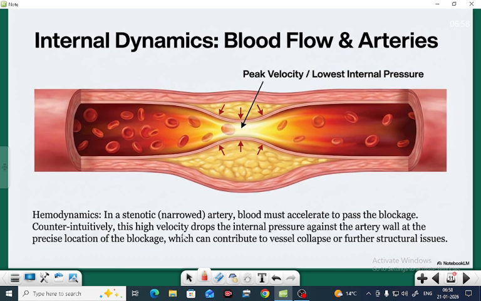Counterintuitively, this high velocity drops the internal pressure against the artery wall at the precise location of the blockage, which can contribute to vessel collapse or further structural issues. When there is a high peak velocity, here the internal pressure is reduced at this point. Whenever there is a blockage, there is a reduced pressure here, high velocity, accelerates it.